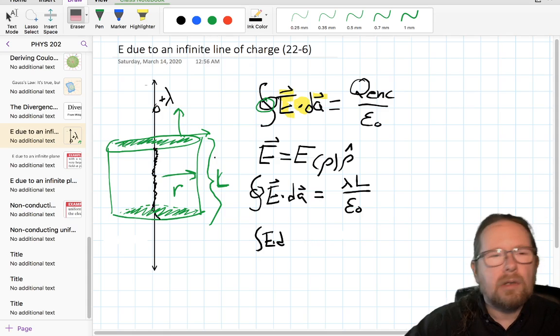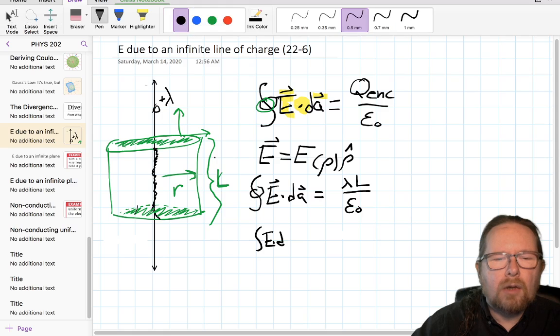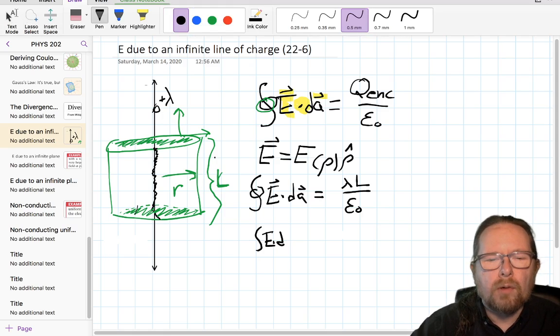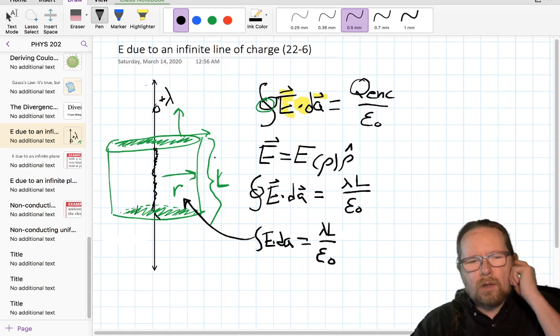Write that a little bit more clearly. So this is the integral of E dot dA over, I'll just put an arrow over that surface, is equal to the charge density times the length, that's the enclosed charge, divided by epsilon 0.